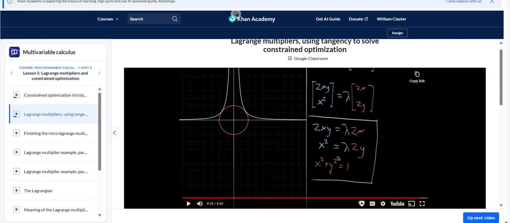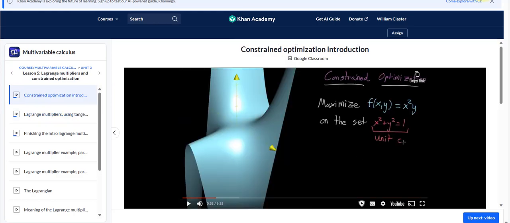And that is the idea behind Lagrange multipliers. So we get this system and we just have to solve it, and hopefully we can. So we can see that maybe we can solve actual problems like this one. We can find the actual x and the y.